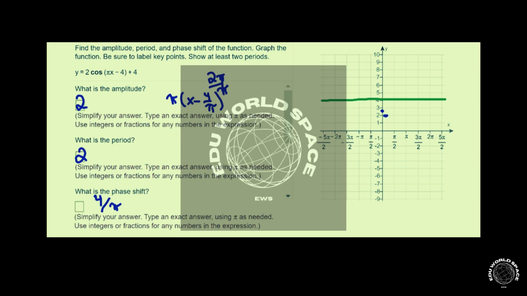The maximum will hit at about just to the left of pi over 2. It's too bad you can't fix the scale here, because it's not convenient.